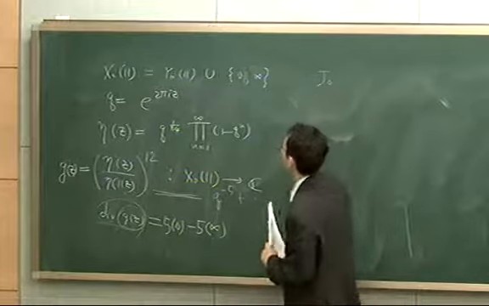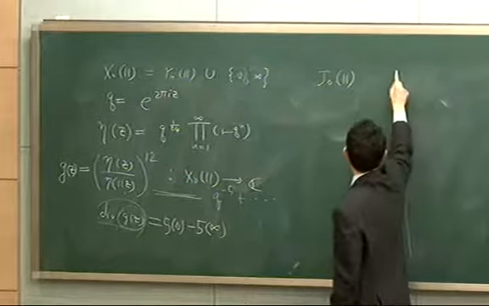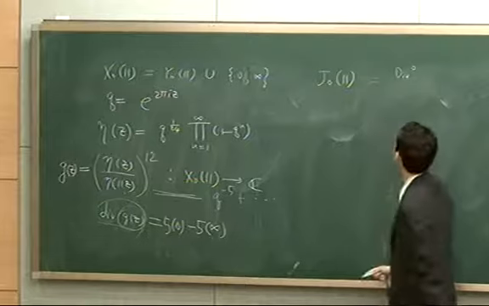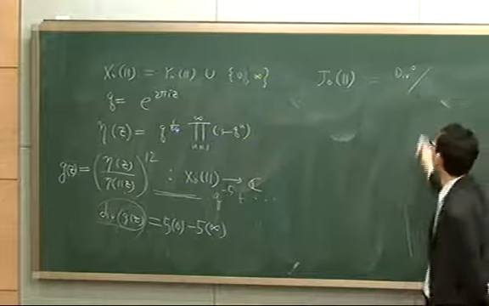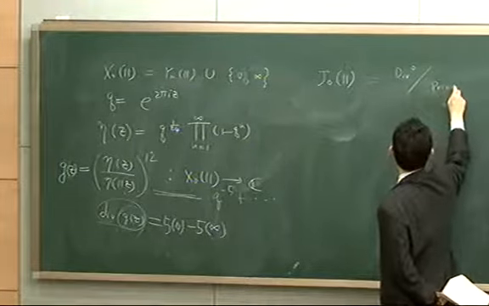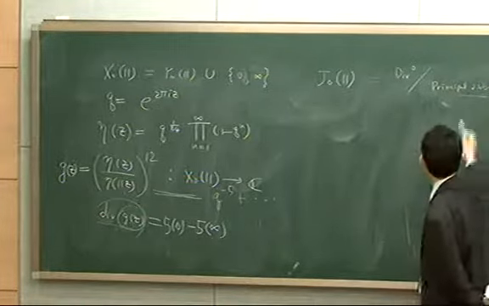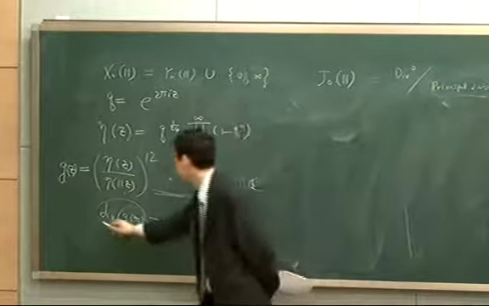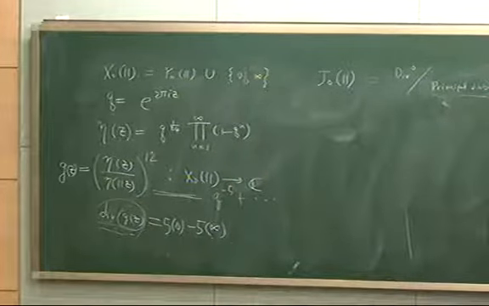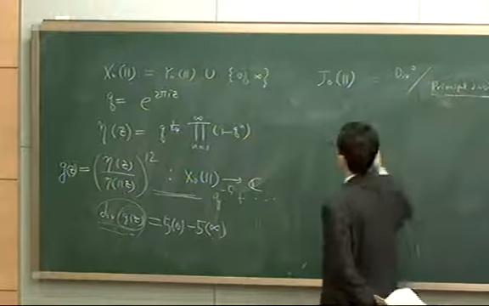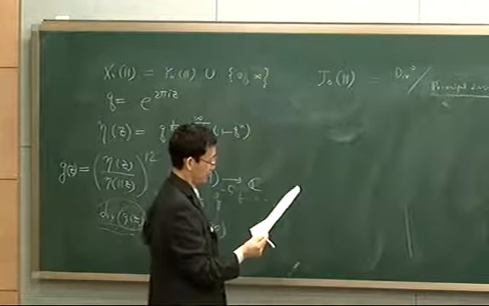And there is an abelian variety, which is called the Jacobian variety. It is defined by the divisor class group, which is the quotient of divisors of degree 0 by principal divisors. Principal divisors are the divisors coming from a meromorphic function on this compact Riemann surface. And this abelian variety will be denoted by J_0(11).